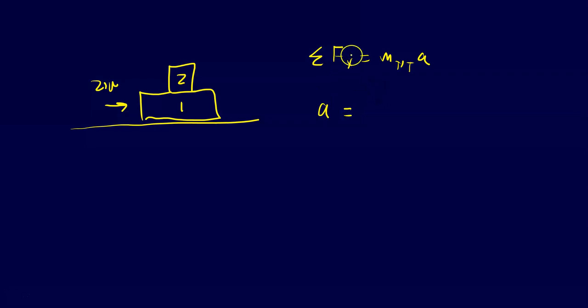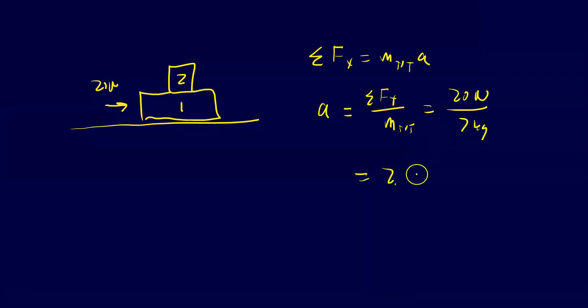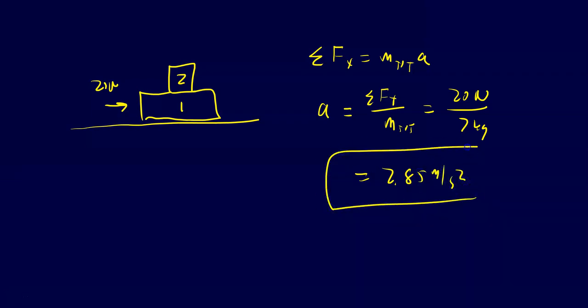The total force is in the x direction, so this would be the sum of the net force divided by the total mass. In this case, it would be 20 newtons divided by 7 kilograms, which I got to be 2.85 meters per second squared. So that's the actual acceleration of these blocks.